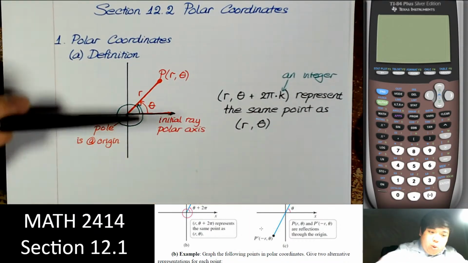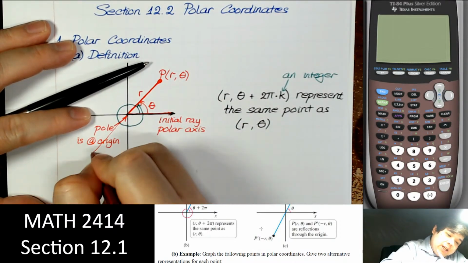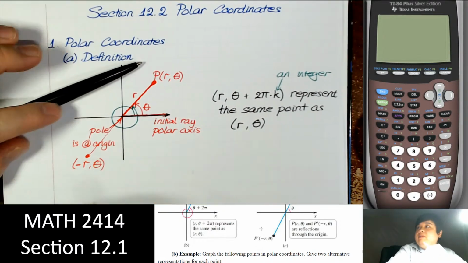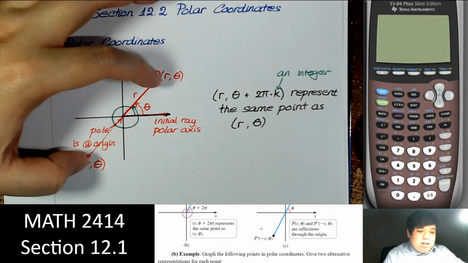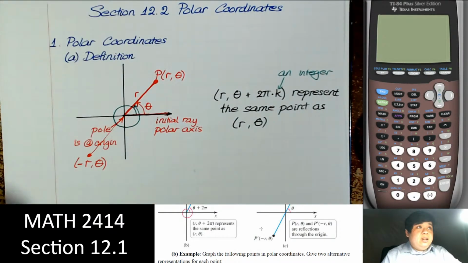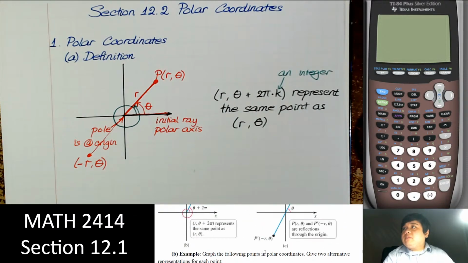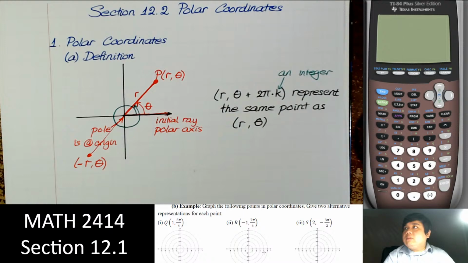And if we have the point there, if we go in the opposite direction here, this point is going to be negative r and theta. So those are opposite directions.